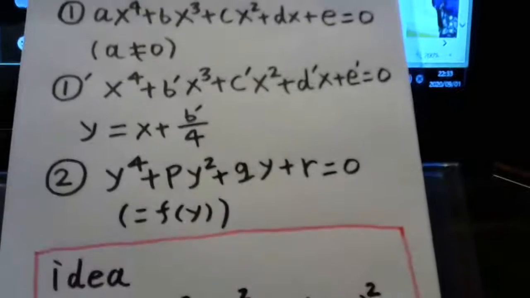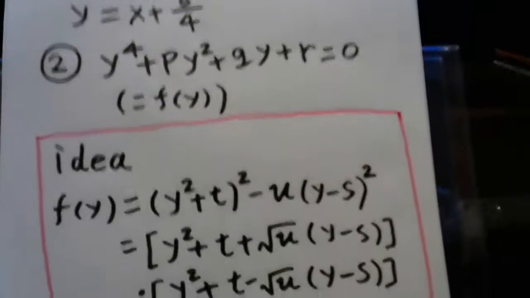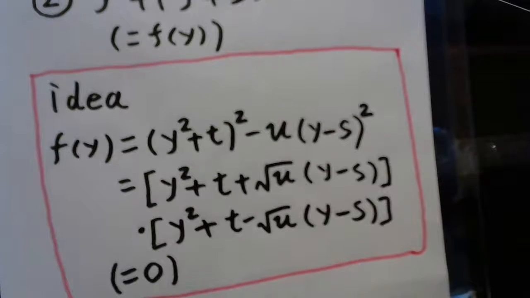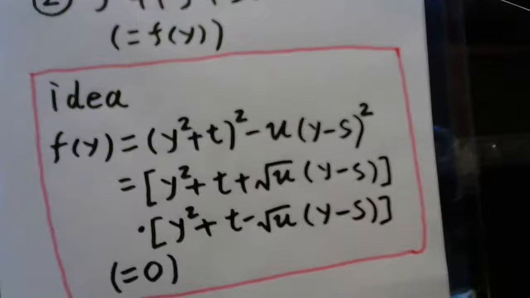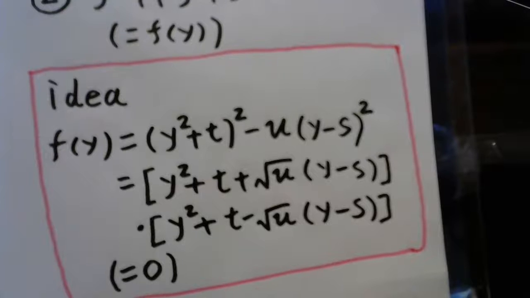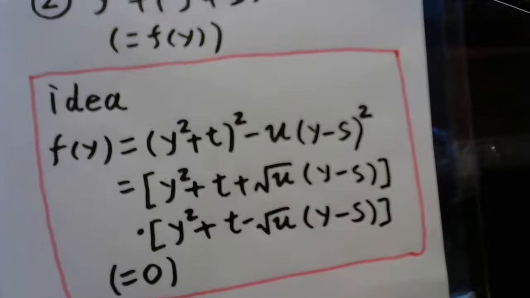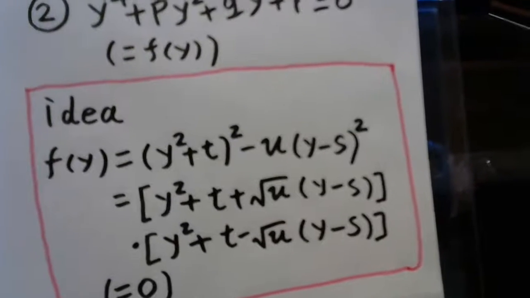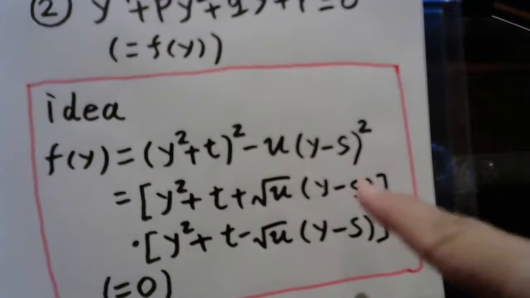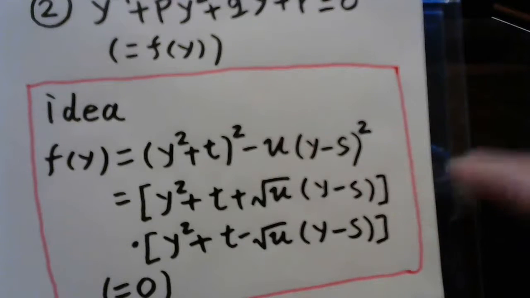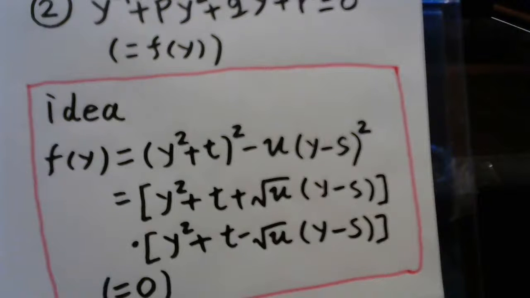And the idea of Ferrari's method is as such. We try to express f(y) in this form: (y squared plus t) squared minus u times (y minus s) squared, and we can take the square root of u. So this is in the form of square minus square.